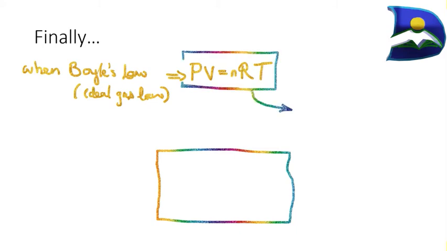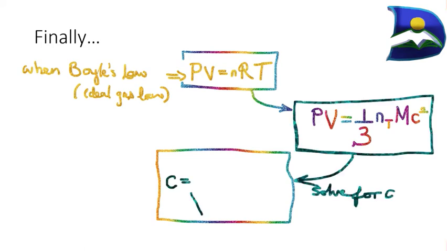Incorporate that for an ideal gas into our specific pressure to the root mean square or molecular speed equation here, and this will be used to determine the expression for the root mean square speed of any molecule, mainly ideal gas, when we solve for c, and we actually get c to be equal to the square root of 3 times R, which is the ideal gas constant, multiplied by temperature divided by the molecular weight.